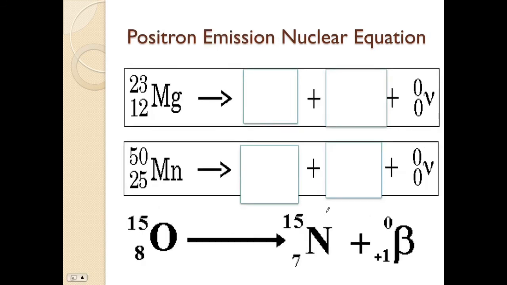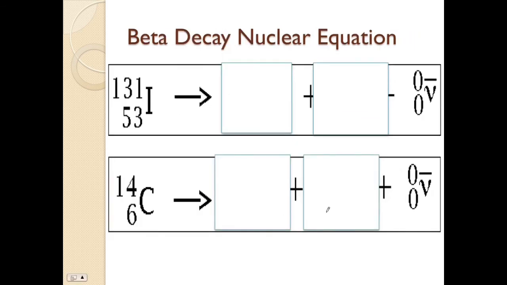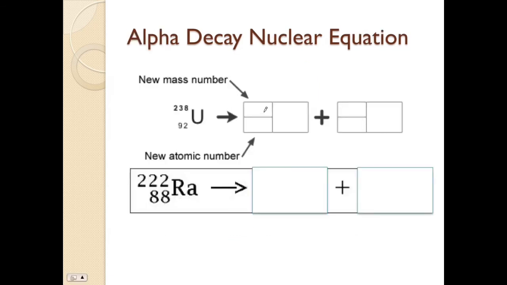If we have a positive electron, a positron, then it's positron emission. Beta particles look like electrons, so that's going to give off an electron if it's a beta decay. And then alpha decay is we're giving off an alpha particle, which is that 4 on top, 2 on the bottom, either the He or the little fishy looking thing. All right, so that's what we need to do on this. I like it.